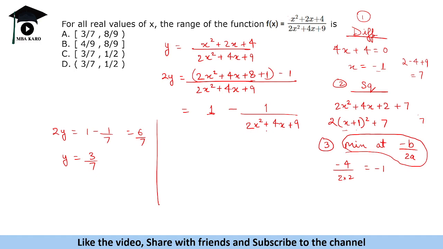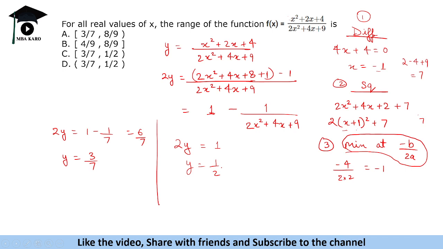Because the denominator will become close to infinity. So 2y will be almost equal to 0. It will not become exactly 0, it will become close to 0. So 2y will be 1. Now y equal to 1 by 2.